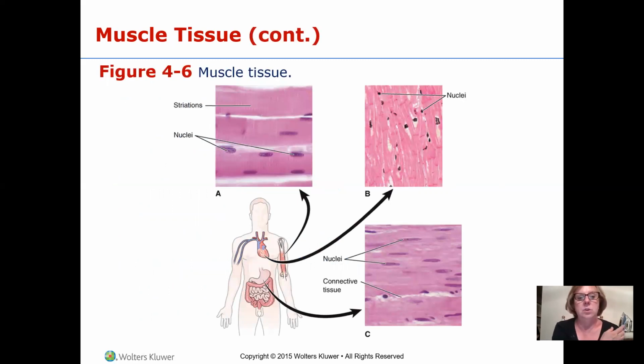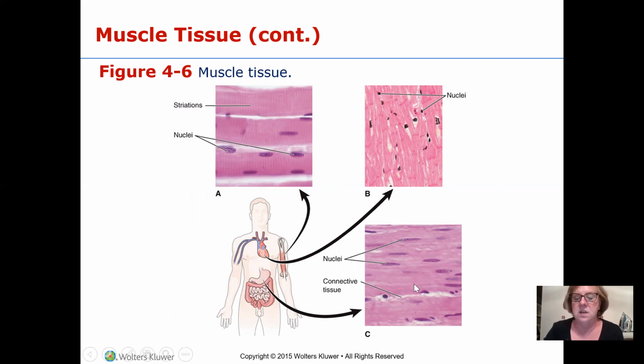So here you can see some pictures of the various types of muscle tissue. This is skeletal muscle, and you can see the striations there, okay? And then this is cardiac muscle, okay? And then this is that which is in the organs.